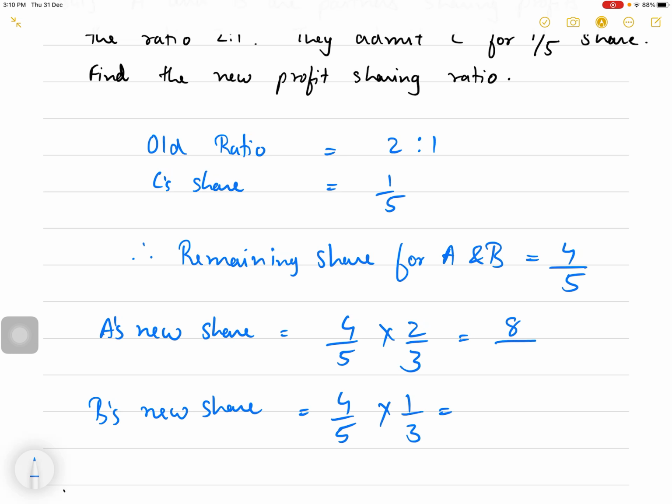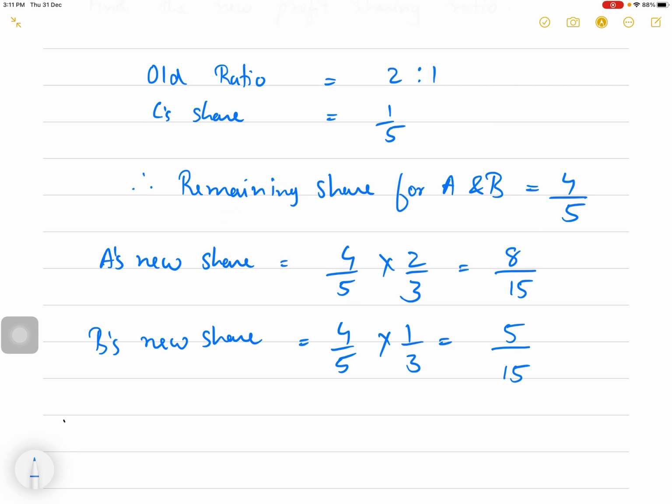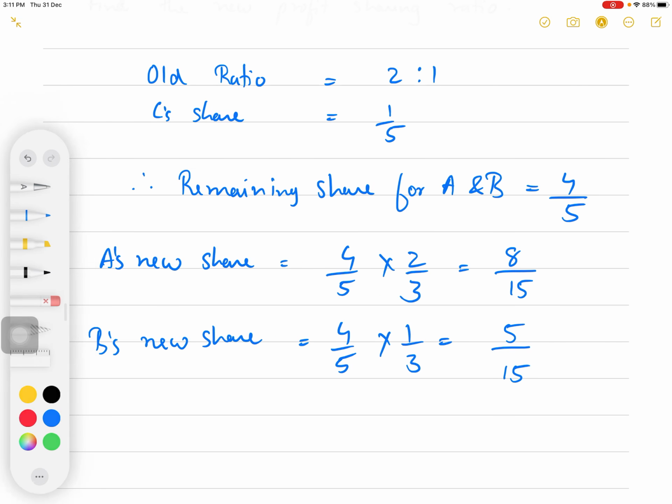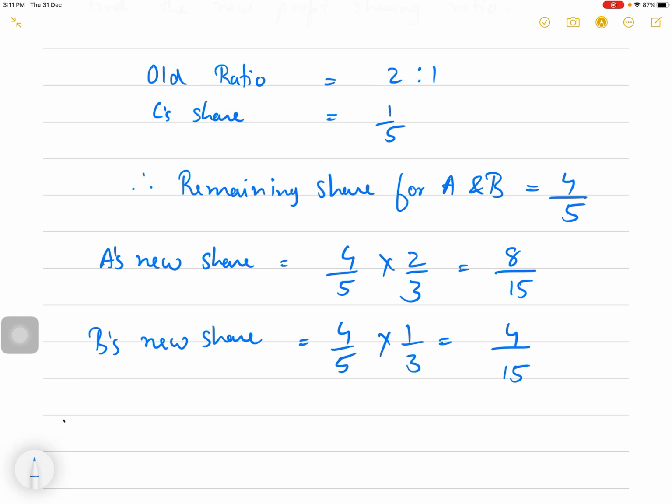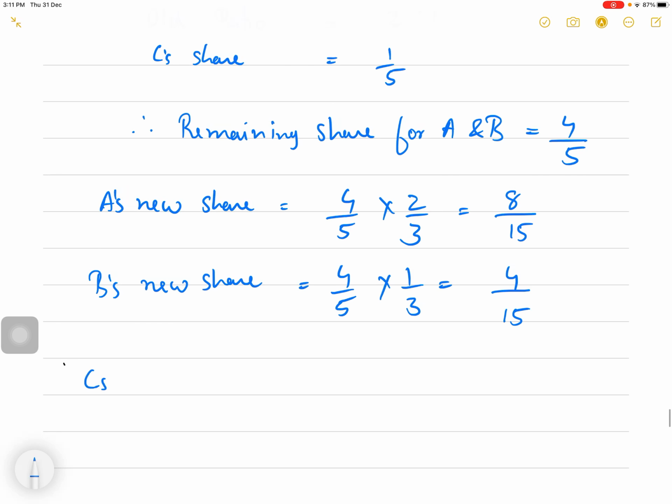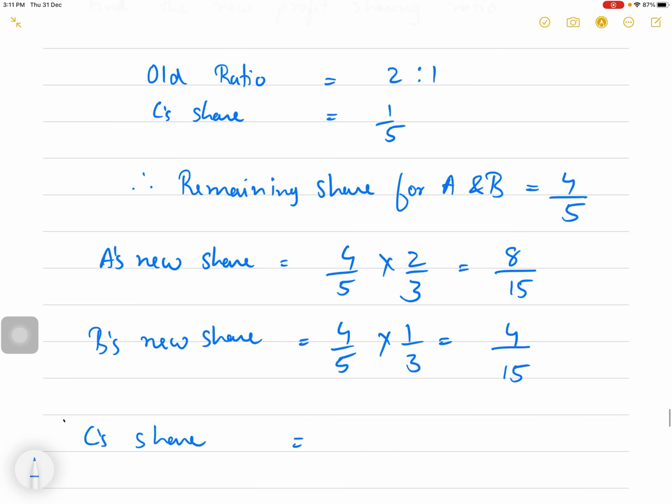Which is 8/15 and 4/15. Sorry, not 5, 4: 4 into 1 is 4. So A's new share will be 8/15, B's new share will be 4/15, and C's share is given as 1/5.